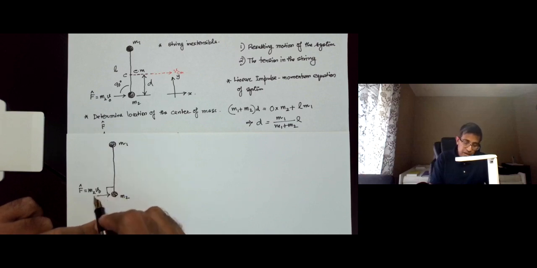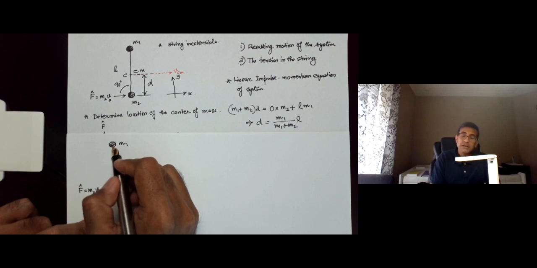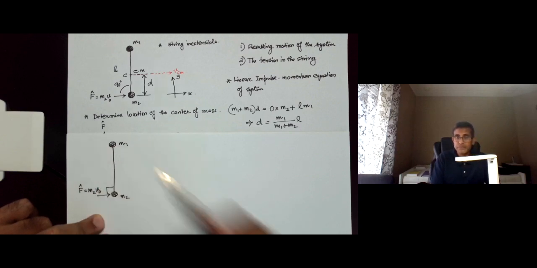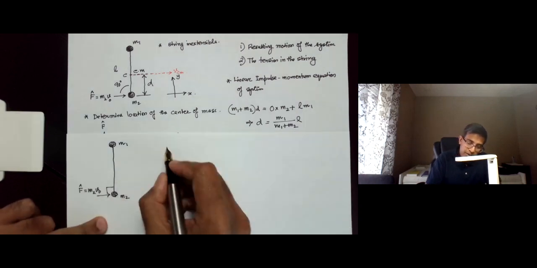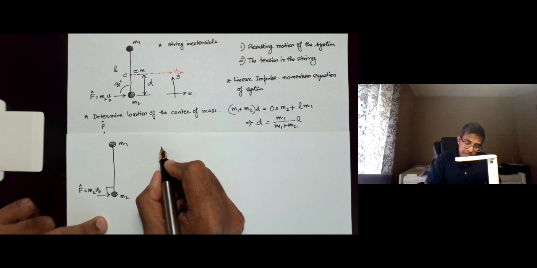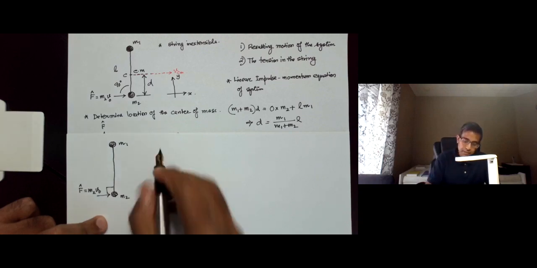This means that no part of this impulse can be transmitted to this mass m1. So the entire impulse f hat equals m2 v naught will go into changing the momentum of m2. So we can find the net velocity of m2 at the instant right after the impulse takes place.